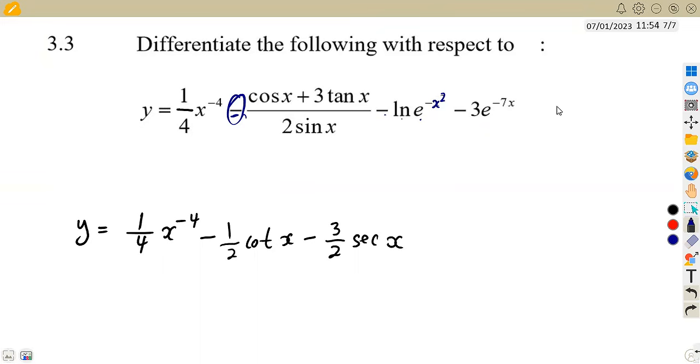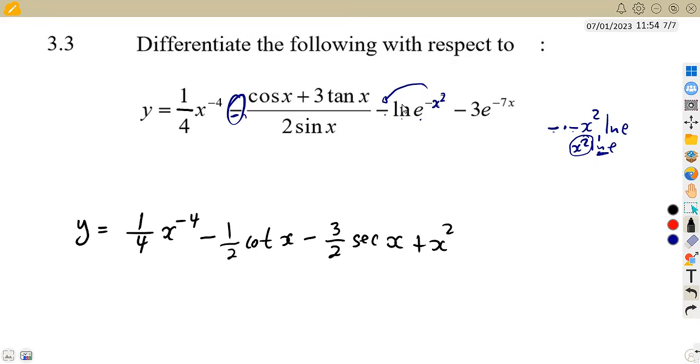There is a negative already, so it's going to be negative times negative x squared ln e, which is a positive x squared ln e. But ln e is the same as 1. So we're just going to remain with x squared times 1, which is x squared. So that is what you're going to have at the end here.